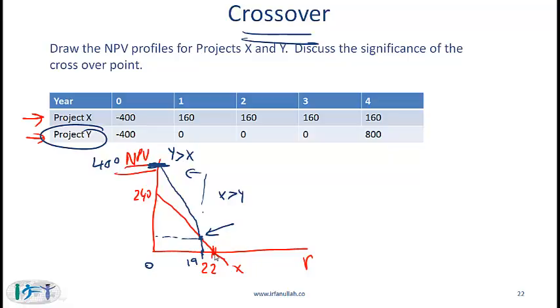In our particular case, with a discount rate of about 10%, which is roughly over here, the blue project or project Y is better. Later we will talk about the conflict between NPV and IRR, which we have briefly identified over here.